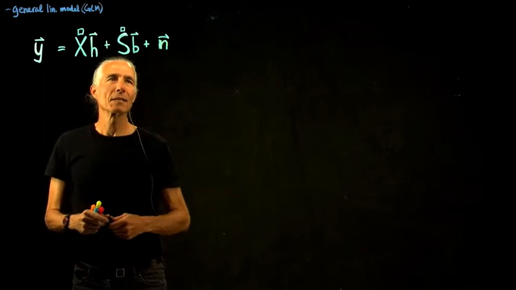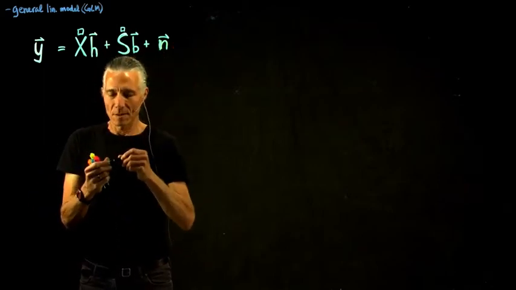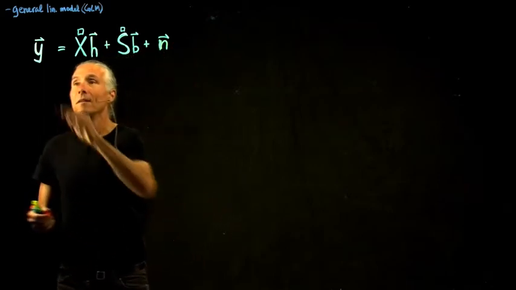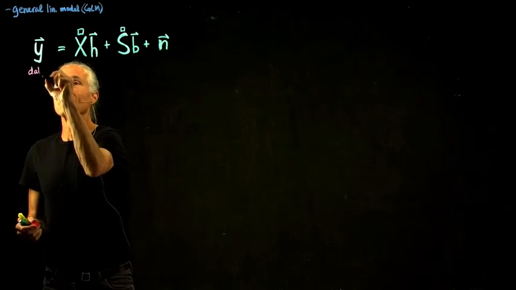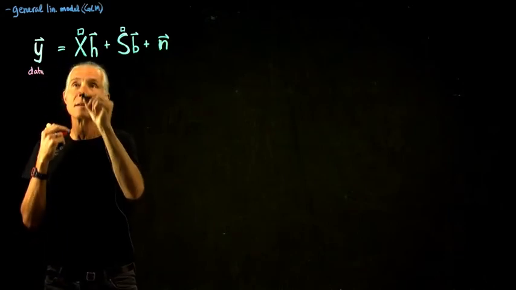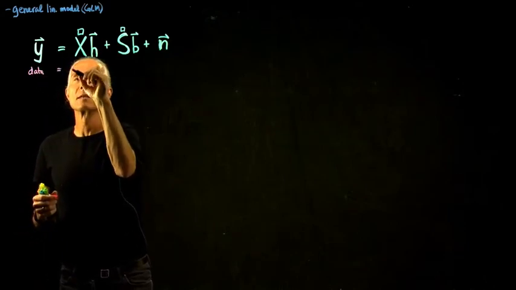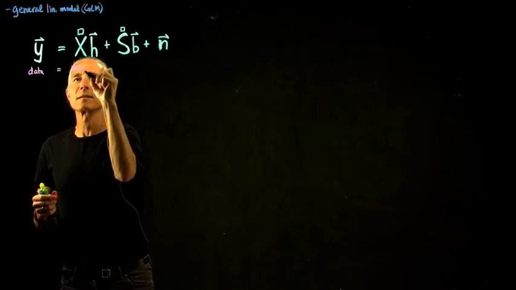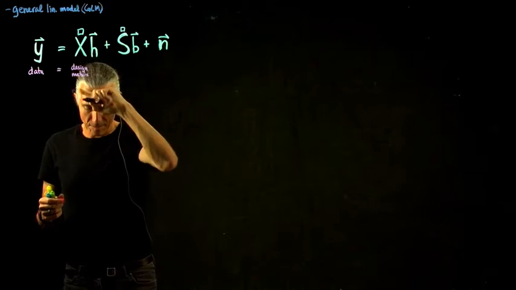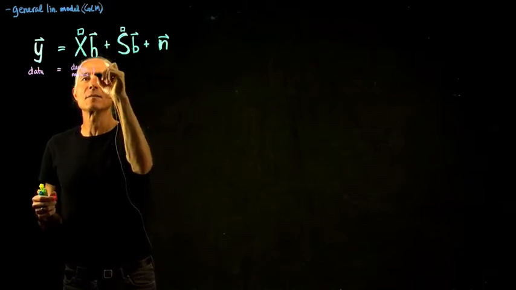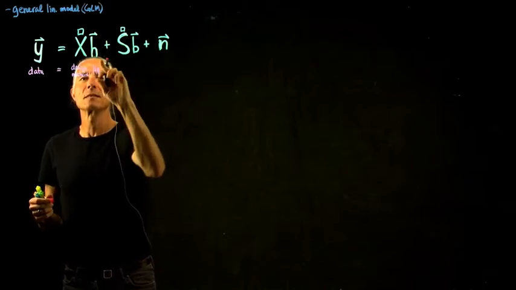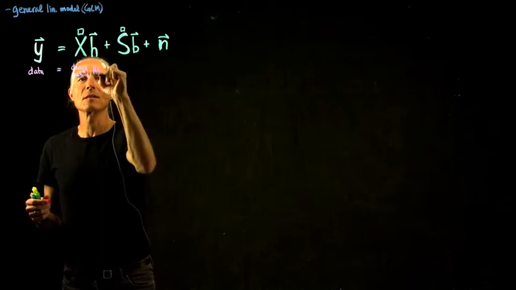So let's annotate it first. This is the data. So the data is equal to the design matrix. We'll explain what that is. Design matrix times the hemodynamic response function. We'll start off with just one, HDR.